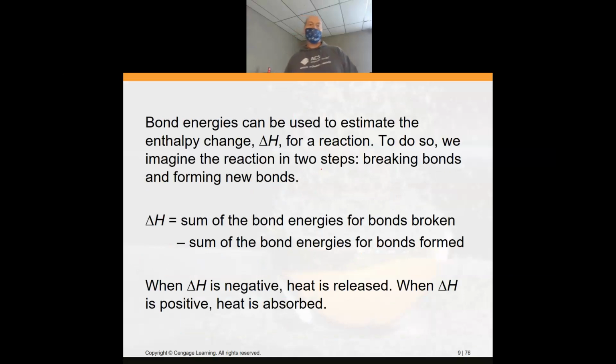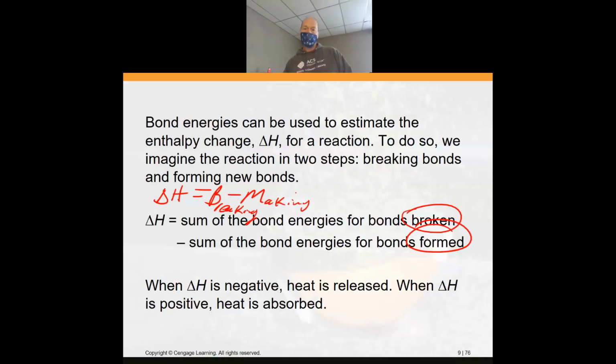All right, so now we're going to find delta H, a little bit different than we did in chapter 6. We're going to do breaking minus making. So delta H is equal to breaking minus making. Broken versus formed.